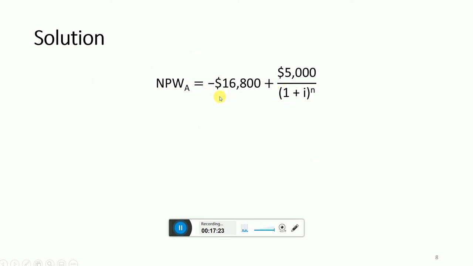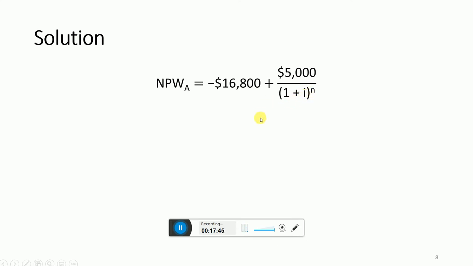Solving this equation, i is 8% or 0.08, and n is 4 years, because there are 4 years and the minimum attractive rate of return is 8%.